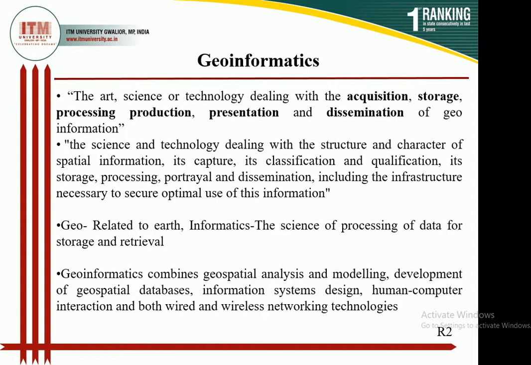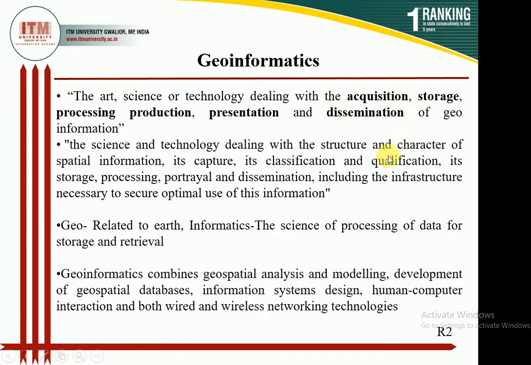There are various definitions of geoinformatics. We will deal with all of them one by one. First one is that it is a science and technology that deals with acquisition, storage, processing, production, presentation and dissemination of geoinformation. Acquisition means to gather the information.